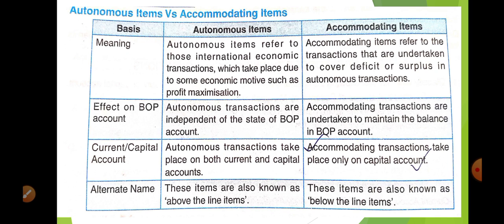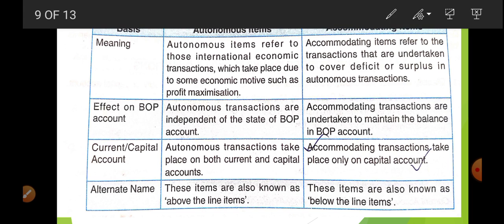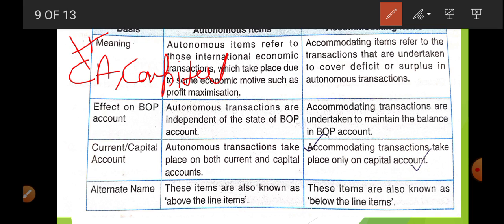Now the next topic, a very, very important topic, is the difference between autonomous and accommodating items. Remember, there are two accounts, current account and capital account.